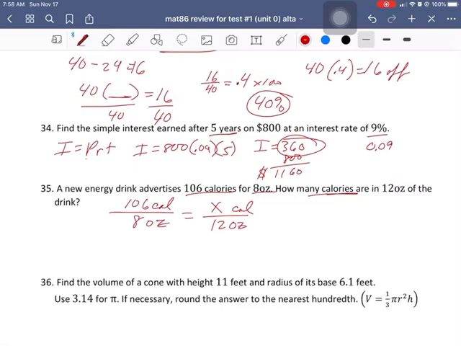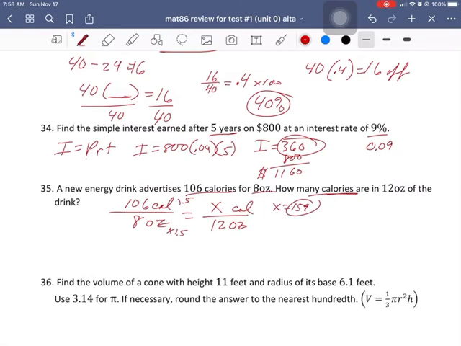A couple ways you could do this from here. You could find out 12 divided by 8 is 1.5, so 8 times 1.5 to get this number here. 106 times 1.5 is 159. That would be the answer.